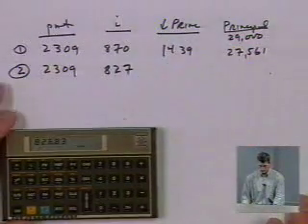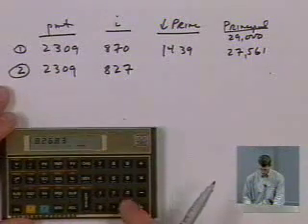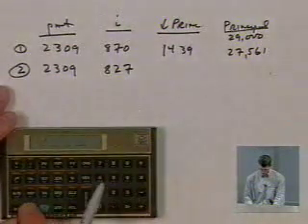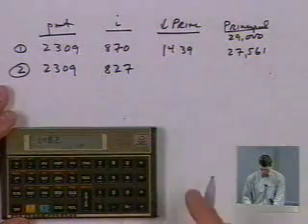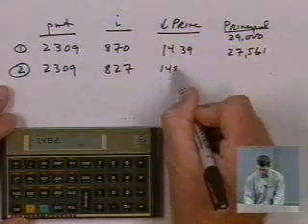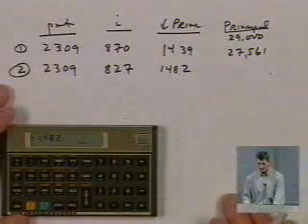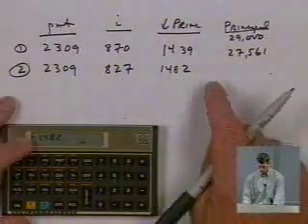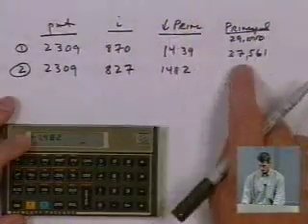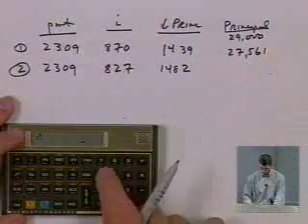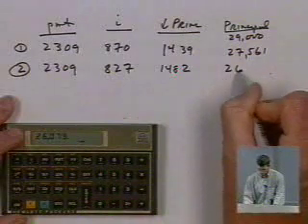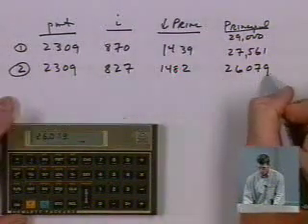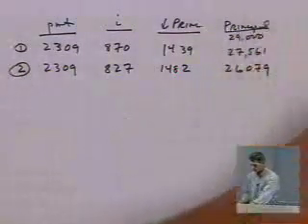Subtract that from $23.09. I get 1482. And then if we subtract 1482, which is the reduction, from 27,561, we get 26,079.